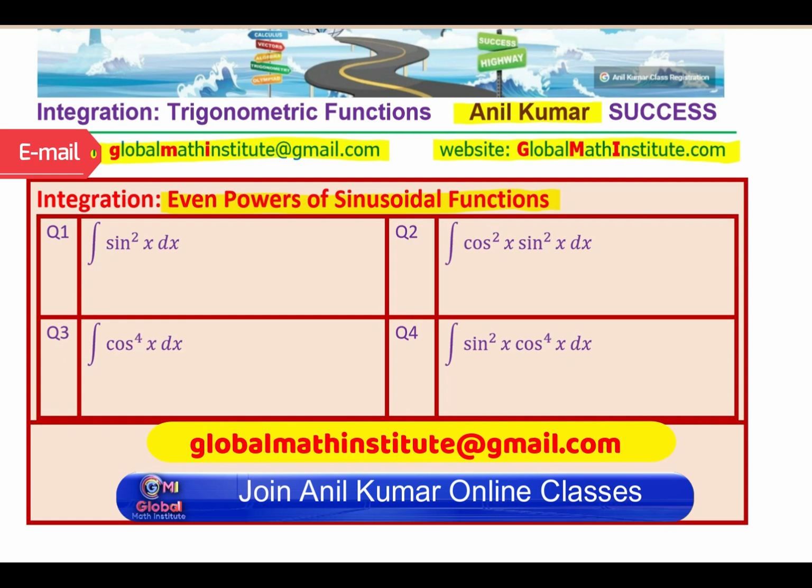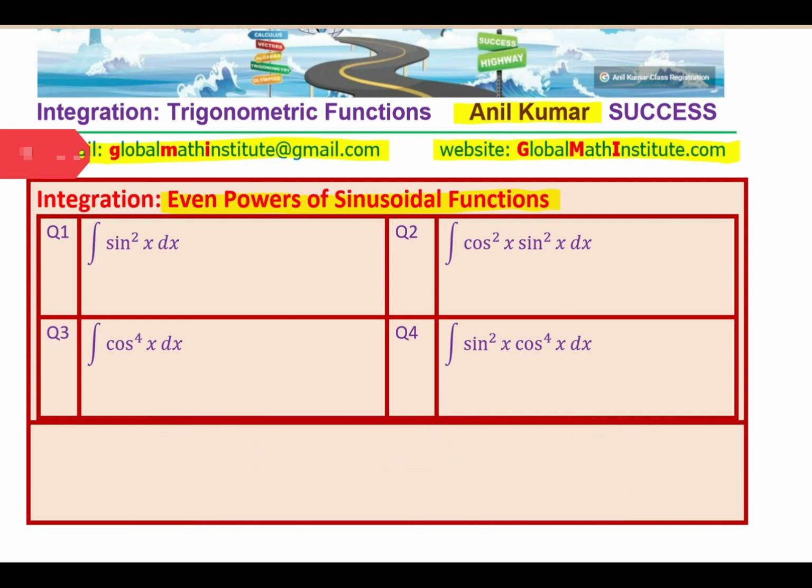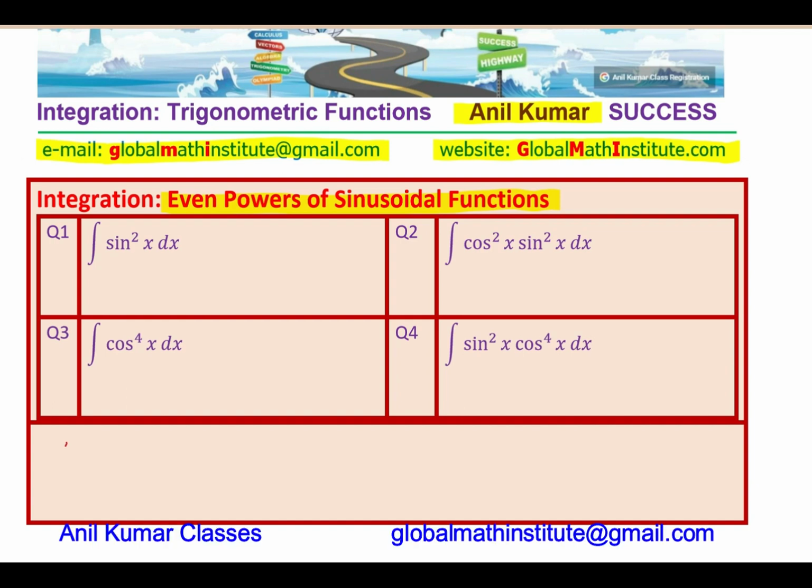And especially when we have even powers, we follow a particular strategy. That comes from the fact that cos 2x is equal to cos square x minus sine square x. It can also be written as 2 cos square x minus 1 or 1 minus 2 sine square x.